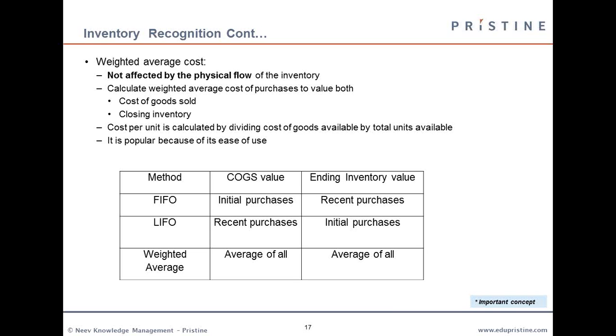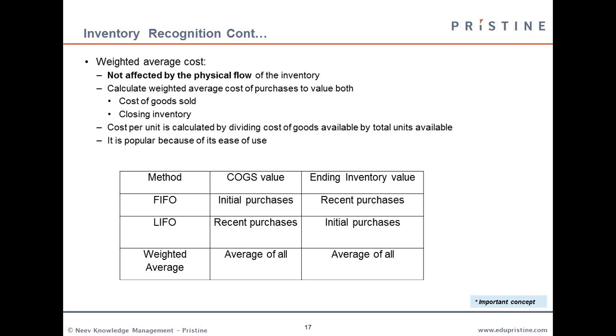In this, the flow of the inventory doesn't take effect, and it is not affected by that. And here both the cost of goods sold and the closing inventory are calculated using weighted average cost. What is this? To calculate this, first we take the total cost of goods divided by the total units that we purchased to get the cost per unit. Now suppose you bought 10 units at $5.